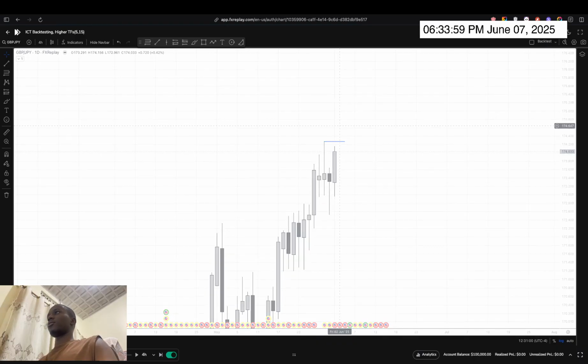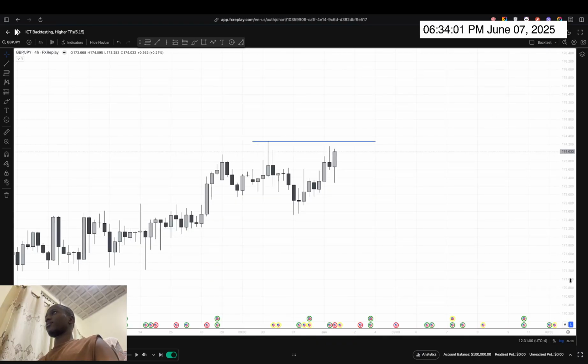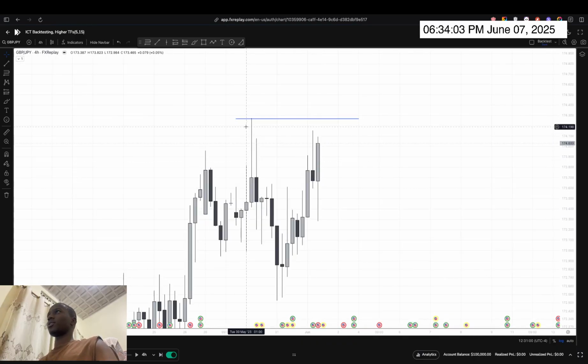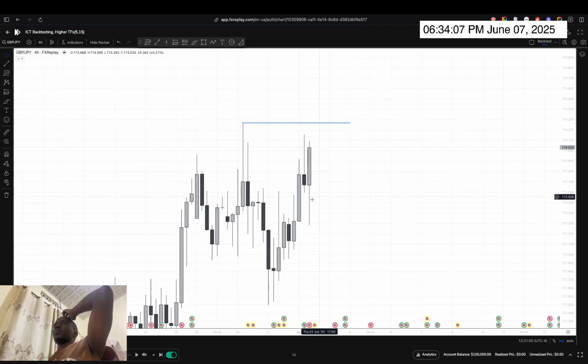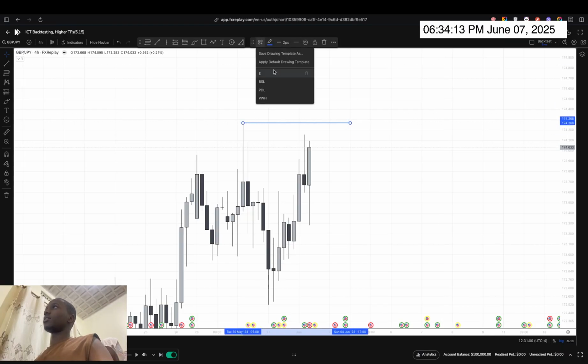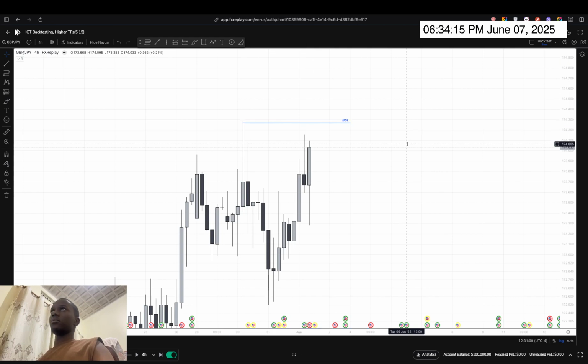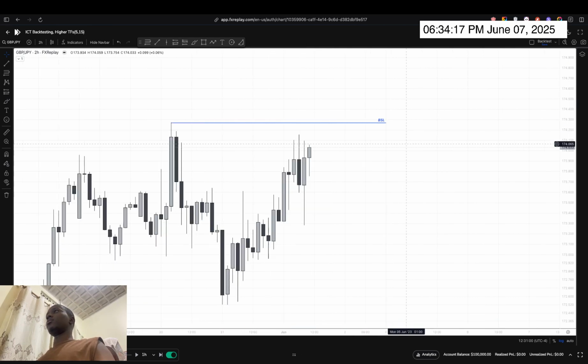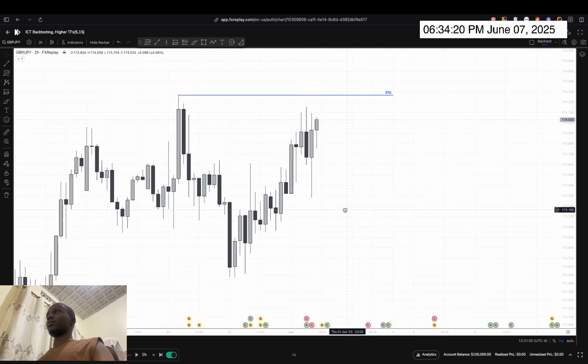Then we go to the 4-hour. You can see that if we get an entry to push us right there up, we can catch it, or we can also enter off of the 4-hour time frame. It will depend. So this will be the BSL. Good. Then need to go to 2-hour to see some key levels.